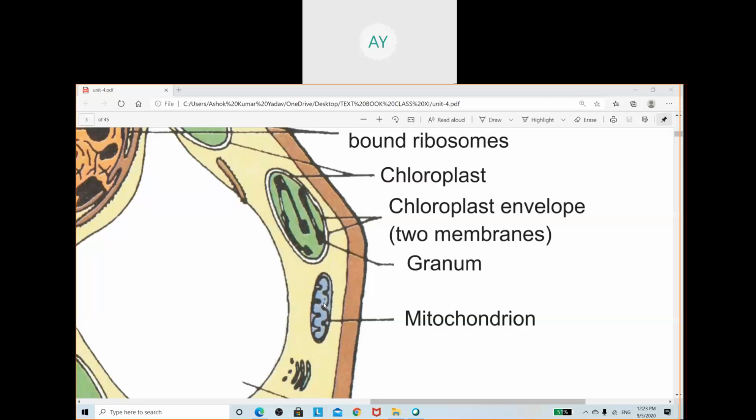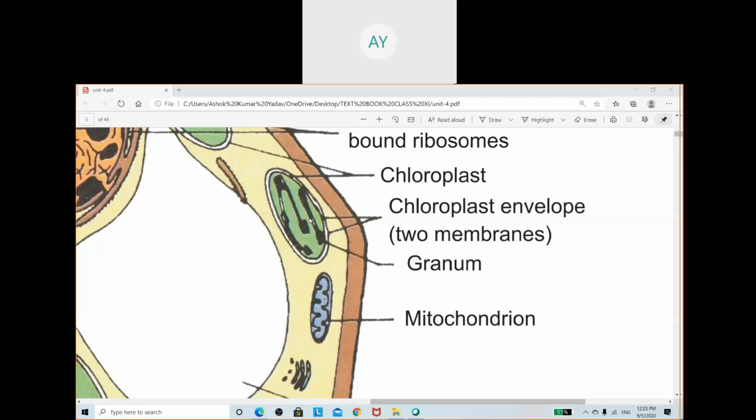Are you listening? Then second point, you will find chlorophyll only in chloroplast. Chlorophyll is a pigment only present in chloroplast, but this is not present in mitochondria. This is the second difference.